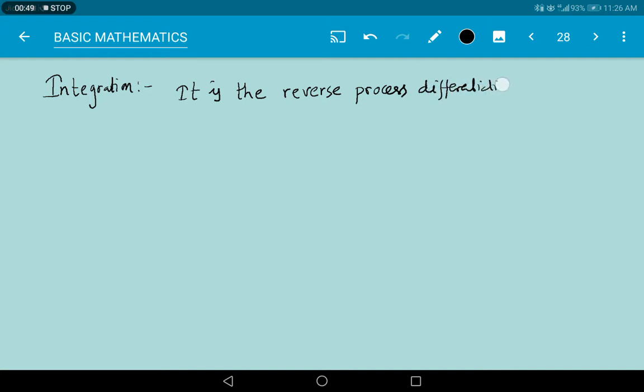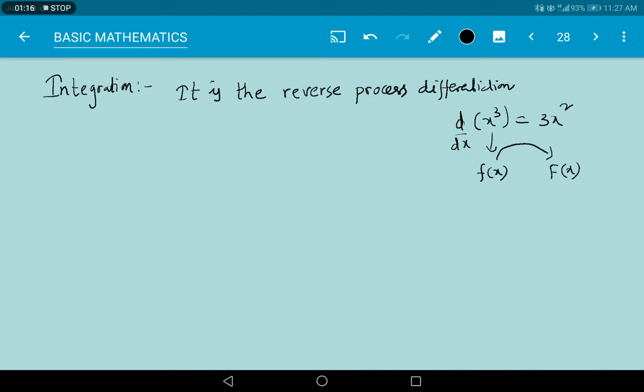Sir, what does it mean? So in differentiation, what we are doing, we are given a function, d by dx of x cube. So we are getting 3x square. So here this is the function f of x, and we are getting its derivative, which I am writing as capital F of x.